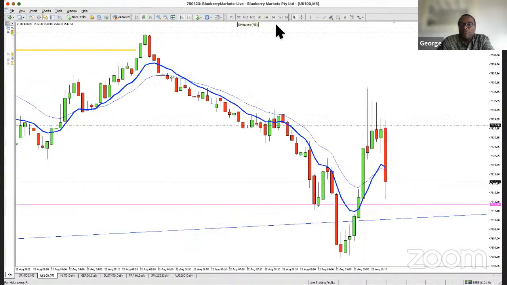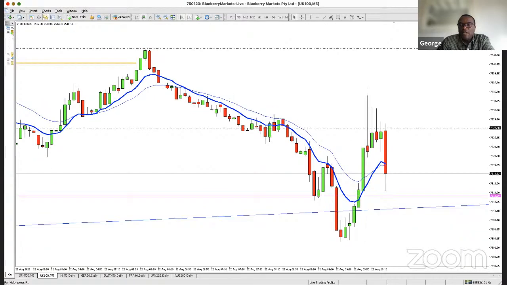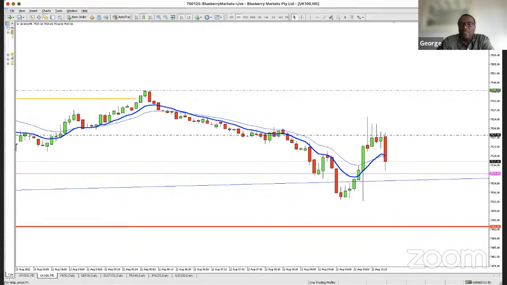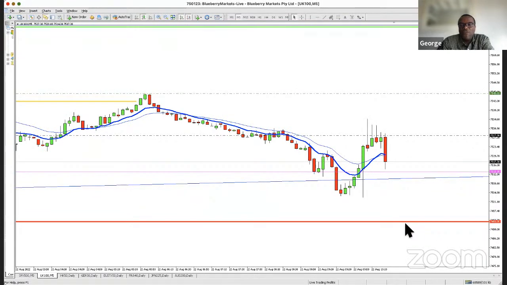So let's go down to the 5 minutes. If you look down here, that's the low of Friday, and we've just really opened up. These bulls that created this need to be satisfied at some point during the day. So whether we come back and do a double bottom here, then I'm definitely going to jump into it and see if the bulls can take us all the way up there.